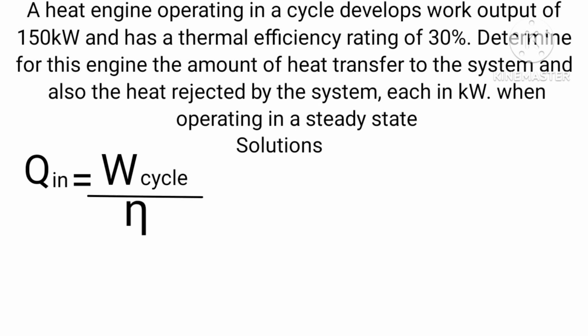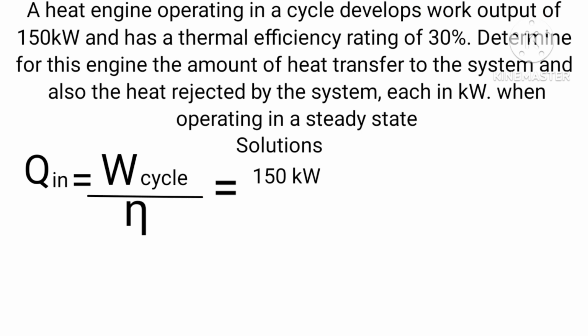So we are making use of the thermal efficiency rating, which is 30%. We change that 30% to eta by dividing by 100. W cycle is 150 kilowatts. That is the work output, and that is the W cycle.